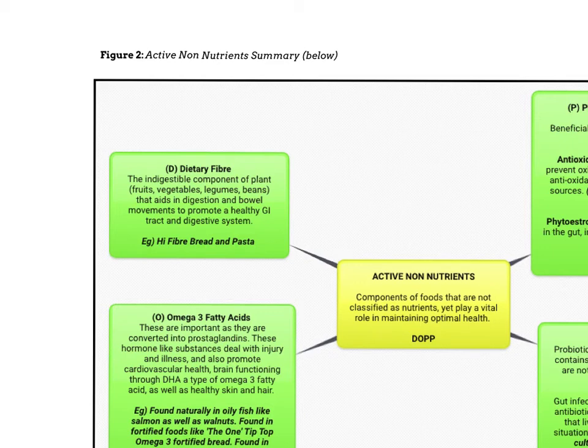So the first active non-nutrient that we're going to look at is dietary fiber. And it's important to note that dietary fiber is not classified as a nutrient, but it does have an active role to play in maintaining good health. Now, fiber comes only from plant foods, and foods that are sources of complex carbohydrates are really good sources of dietary fiber.